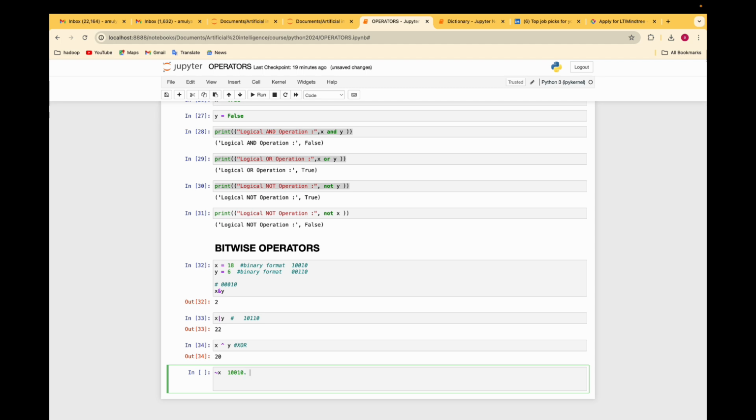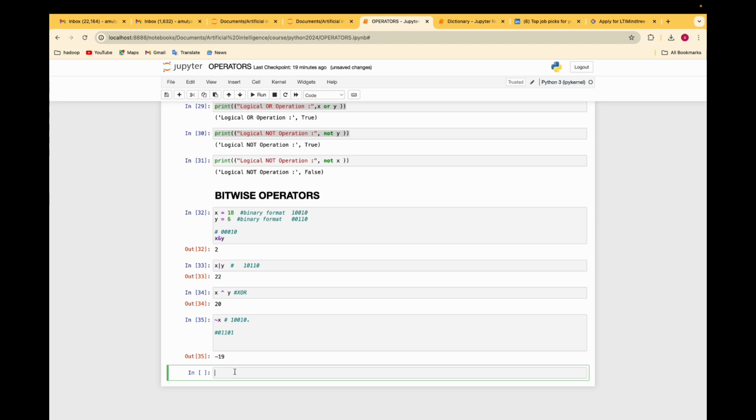What's the not of x? The opposite of it. So it has to be 1 0 1 1 0. So when you convert it to numbers, you get minus 19.